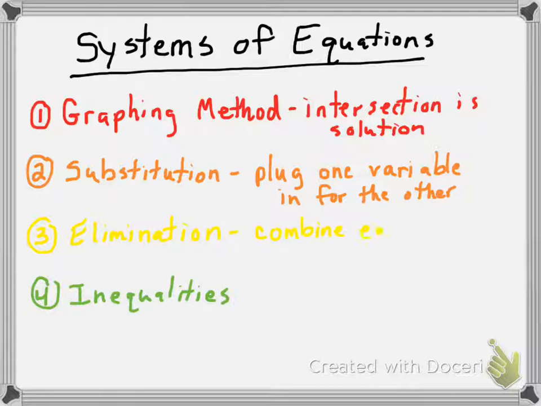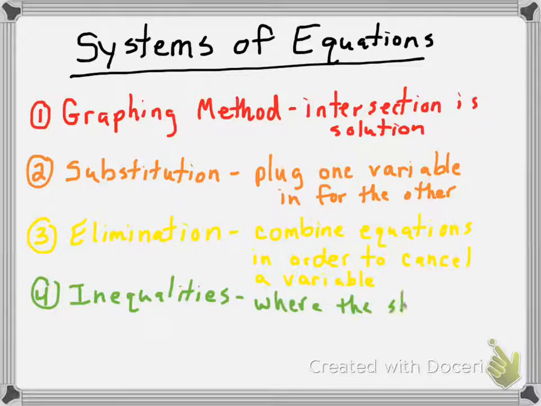Elimination is when you're combining the two equations in order to cancel out one of the variables. And the system of inequalities is all about where the shading overlaps.